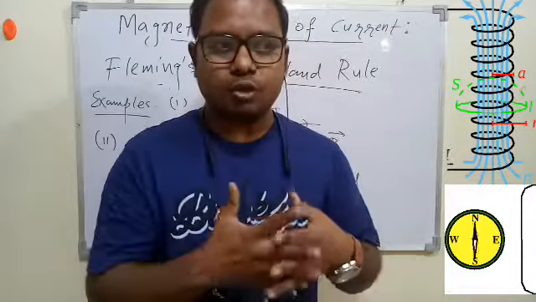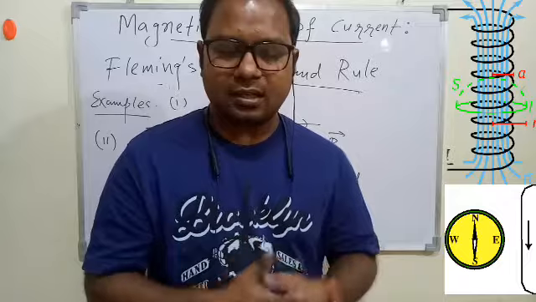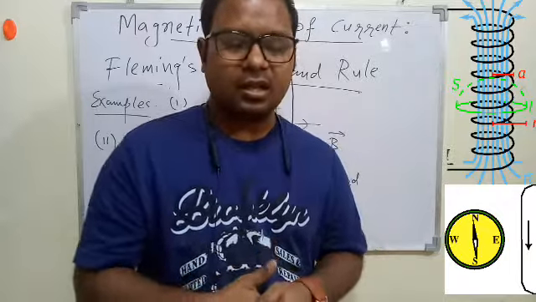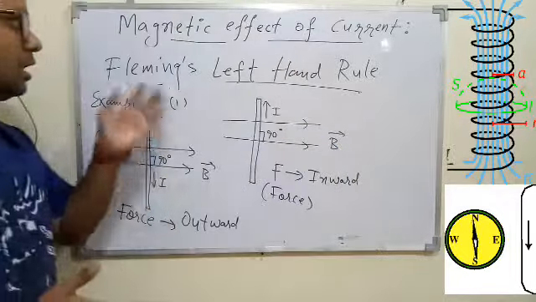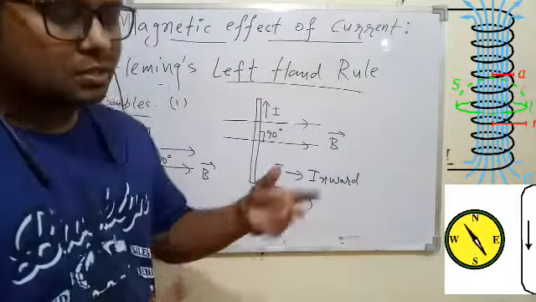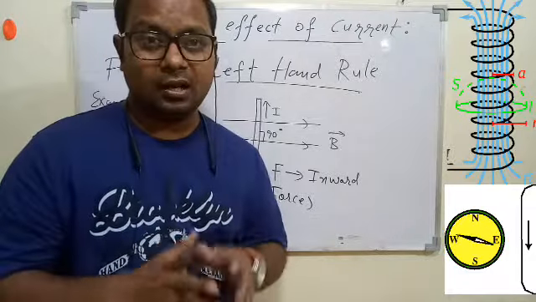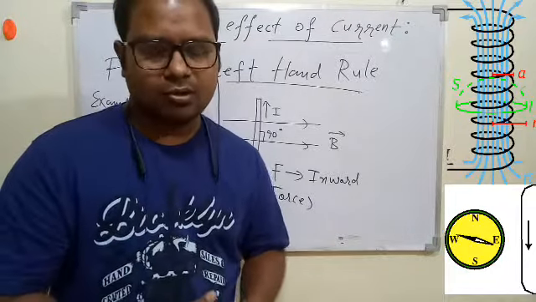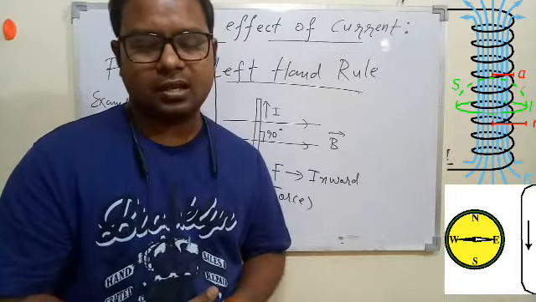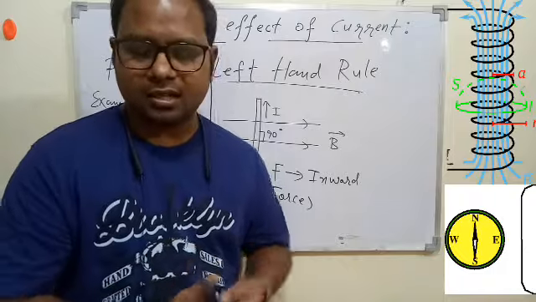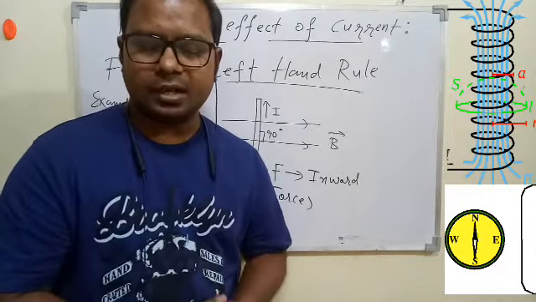And once the force will be given, that conductor will move in a particular direction, and that direction we can find out with the help of Fleming's left hand rule. That is a very simple rule to identify, and this will help you to understand the concept of motor, that is the working of the electric motor. That will be our next topic.